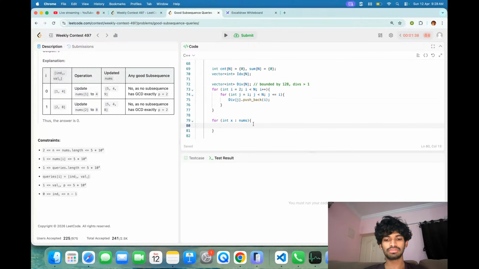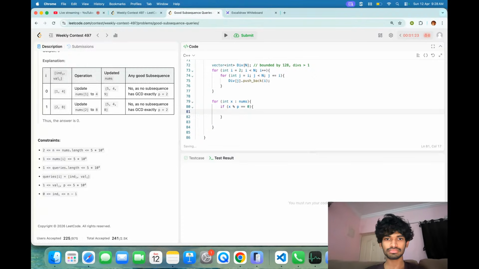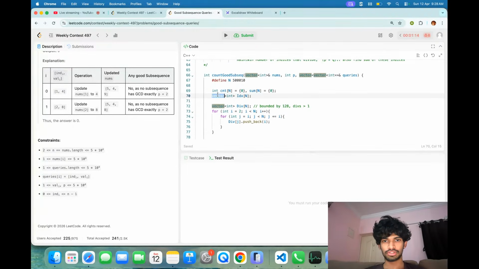And then what should I do? If x remainder p equals 0, then what should we do? This should be a set.